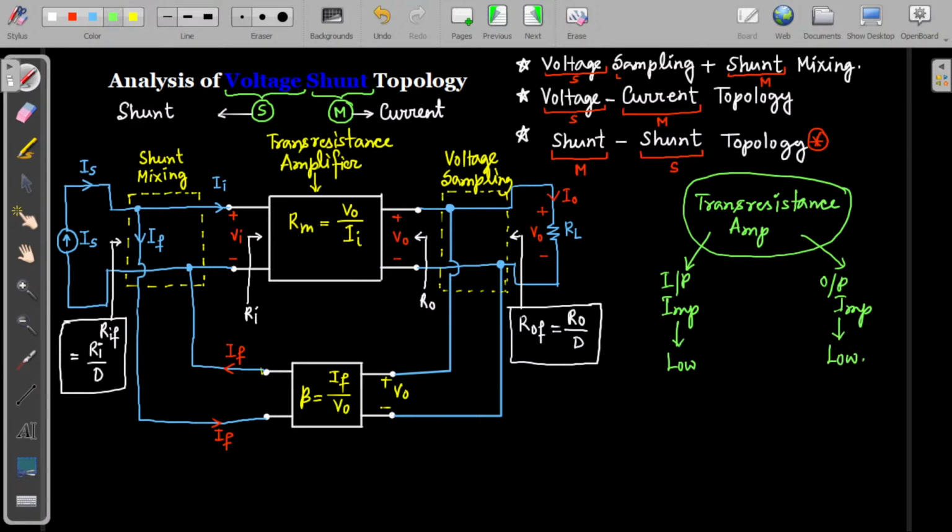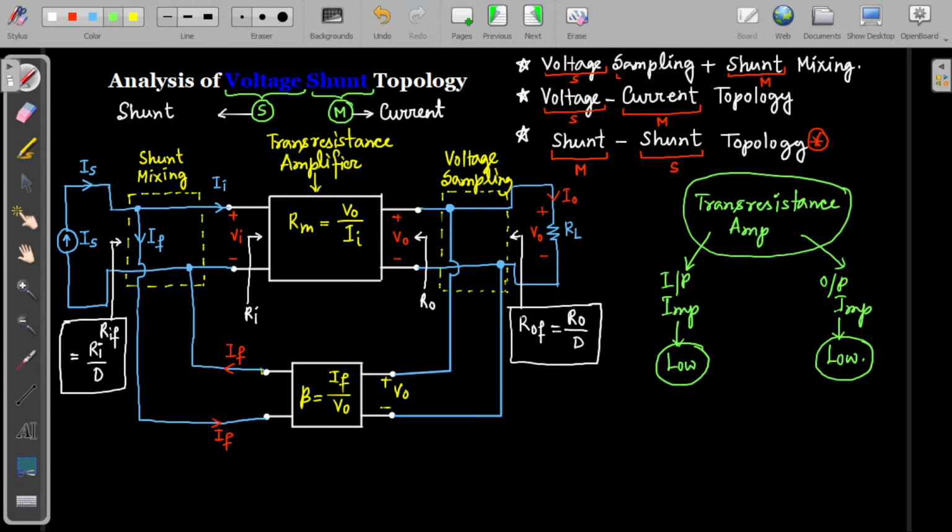Why was it low? Because in the trans resistance amplifier we have to use the voltage shunt topology, and for the voltage shunt topology, the input impedance will be decreased by the desensitivity factor D, and the output impedance will also be decreased by D. That's why the input impedance will be low and the output impedance will also be low.